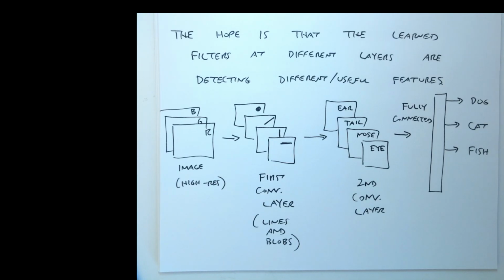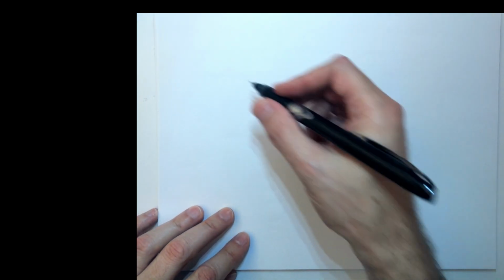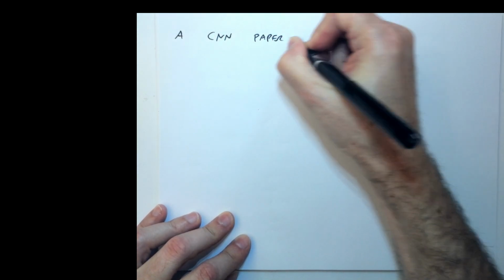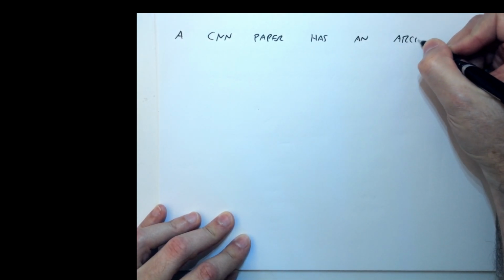So typically what you see in a neural network paper or on a GitHub or arXiv page is that a CNN paper has usually some sort of an architecture diagram.